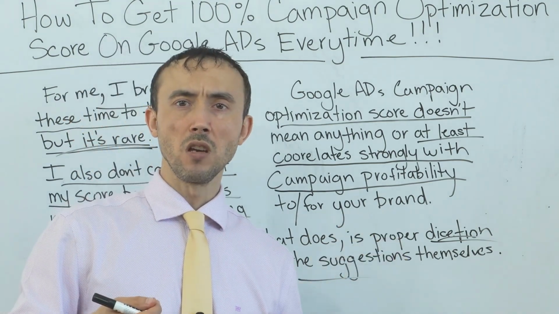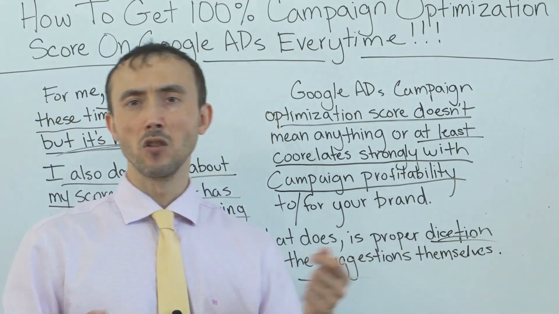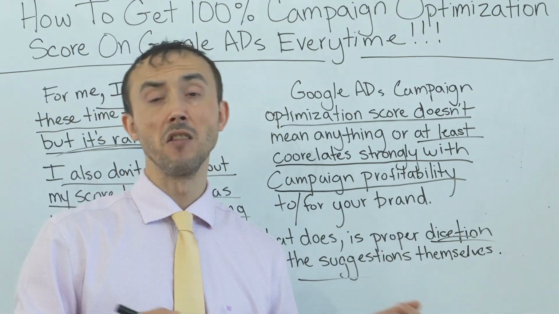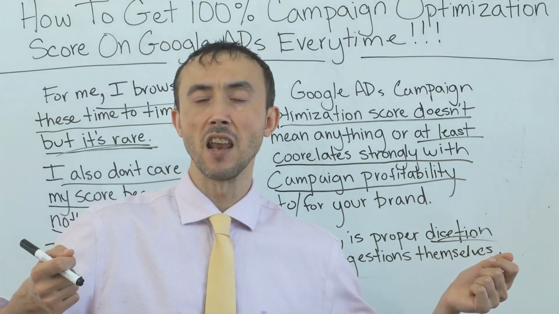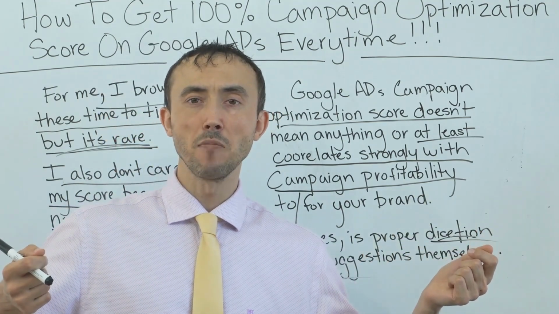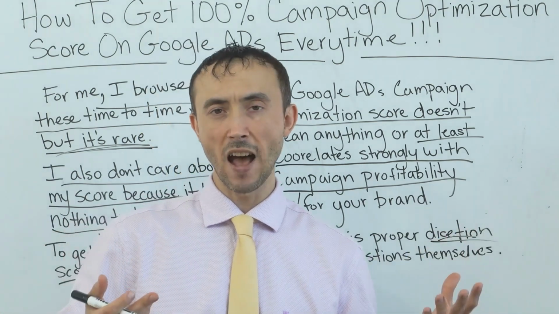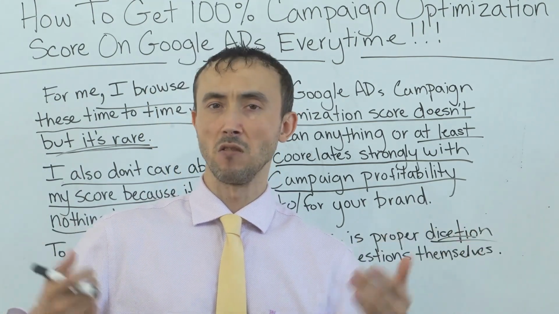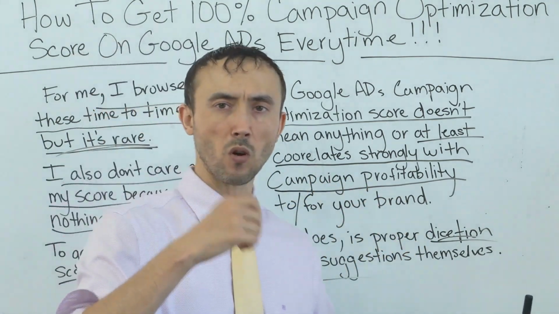Don't go with the new keywords. Come up with your own keywords. As far as the new headlines for the ads, those sometimes can be fine, and they're more useful than not. You can go ahead and do that if you don't know how to write an ad that works, you're not an ad copywriter, and you don't have experience doing ad copywriting. You can just go with those, and that's generally going to be a better bet than not doing it. But those are the main recommendations that they make and what normally the course you would take with them.